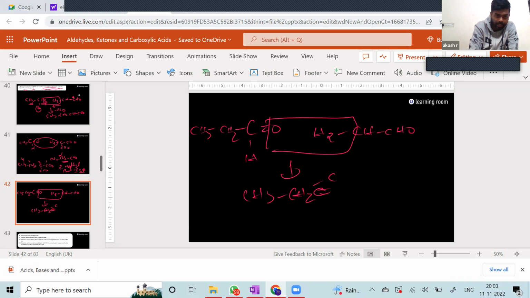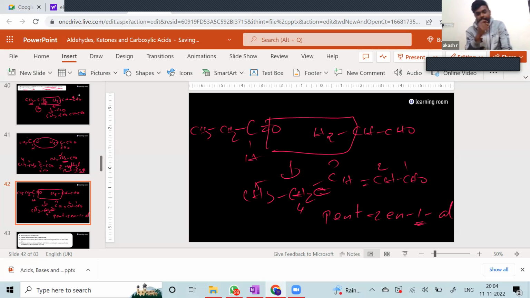We forgot the H also. CH double bond CH, CHO. Now, how do you name this compound? 1, 2, 3, 4, 5. So it is going to be pent-2-en-1-al, or you don't have to put the 1, you can directly write al. No issues at all.